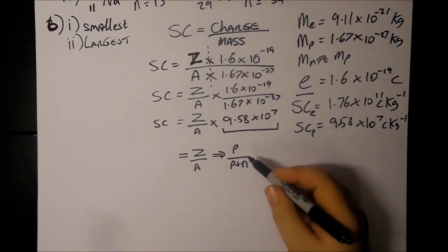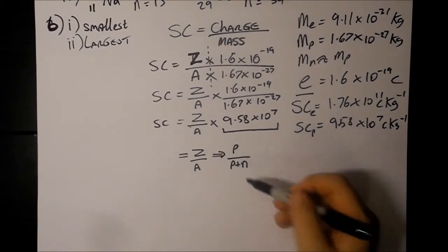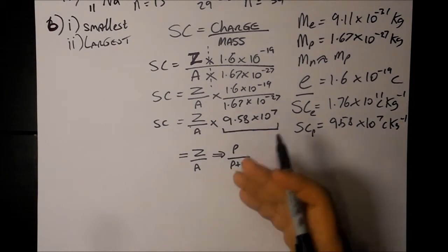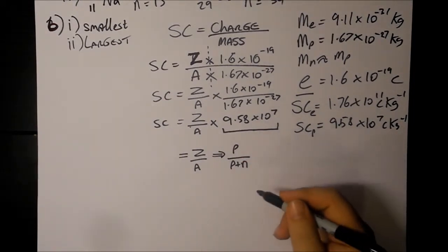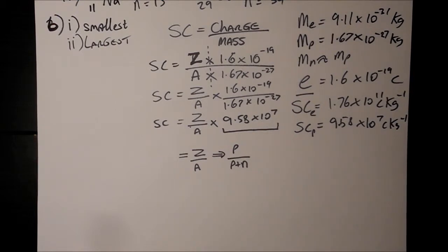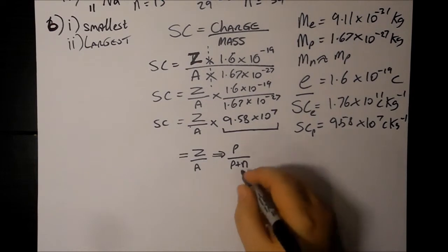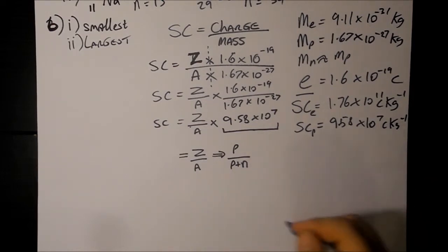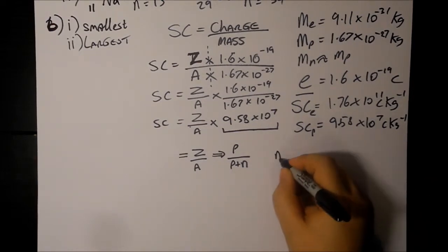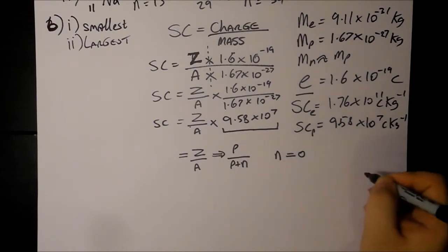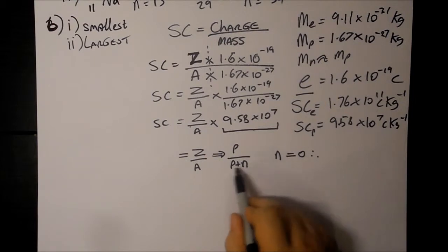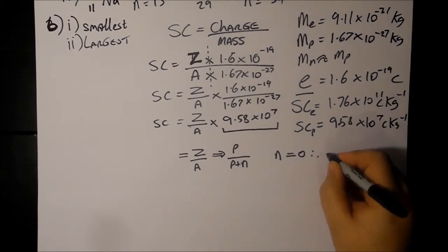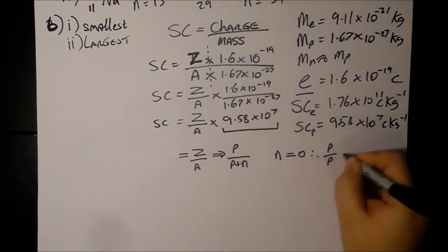And we have a situation here of P over P plus N. Anyone who is really good with maths will sort of see the relationship developing here, but just to give you an example of how this relationship works, we can put in a couple of test values. We're concerned really with N in this case. If we said that N was equal to 0, what would happen? Well, you'd have P plus 0, which will just be P, so you'd end up with P over P, which would be 1.